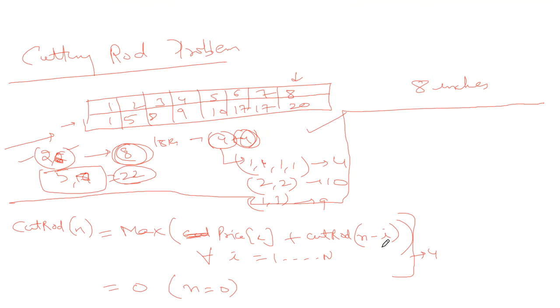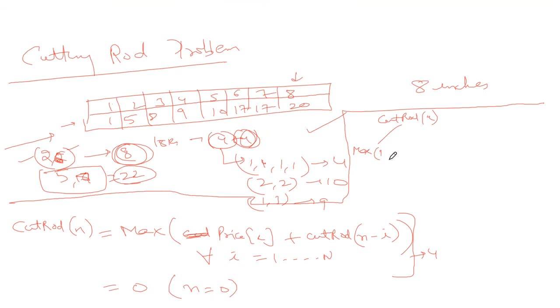Further, we have already drawn on the board that if we do this kind of function, let's say for cut rod of 4, the recursive call will be the maximum of price of i, which starts from 1.